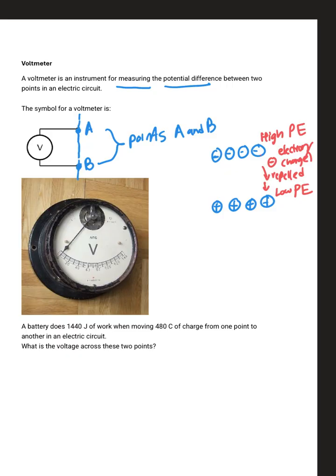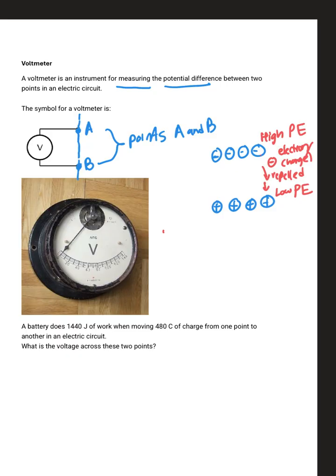The potential difference is actually the difference between the points at which the charge moved. That's why it's called the work done per unit of charge. That's the definition of potential difference: the work done per unit of charge.